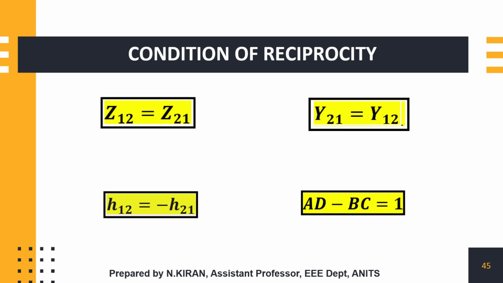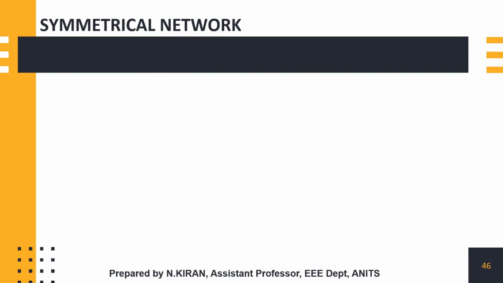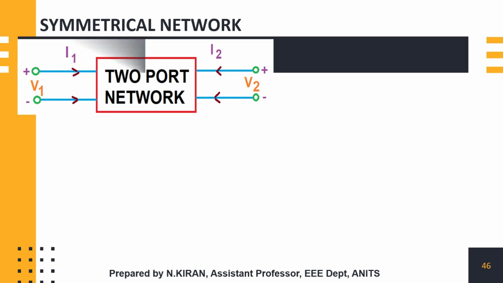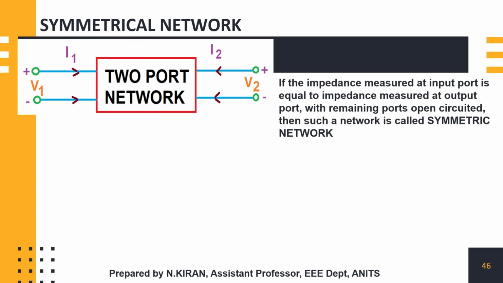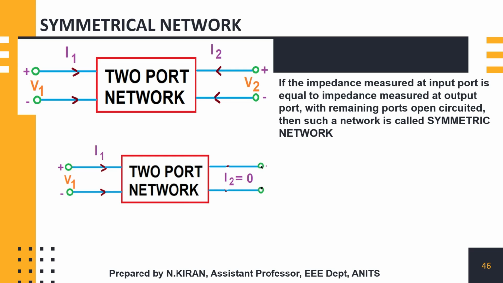So let us consider the symmetric network. From the definition of symmetric network, I have seen before, if the impedance measured at the input port is equal to the impedance measured at the output port, with the remaining ports open circuited, then such a network is called a symmetric network. So in the first case, when I consider impedance at the input port, the output port should be open circuited.